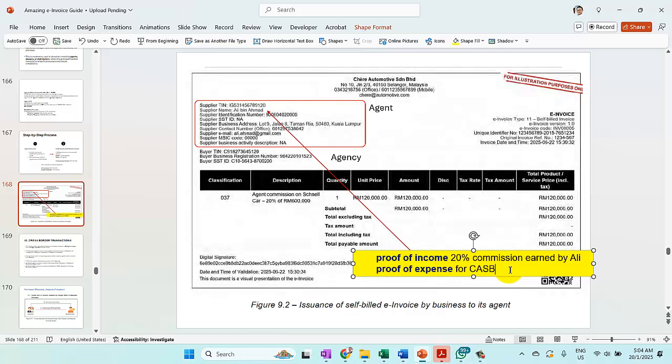So as a training provider, we need to issue a self-billed invoice to the trainer, because they are not in our payroll system. So LHDN wants to know where those revenues go.